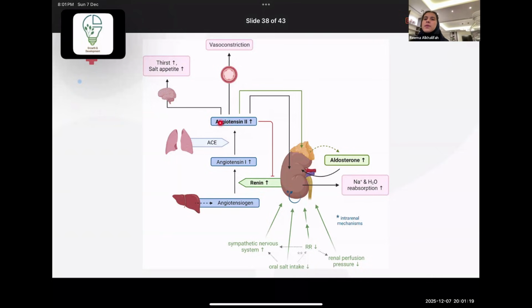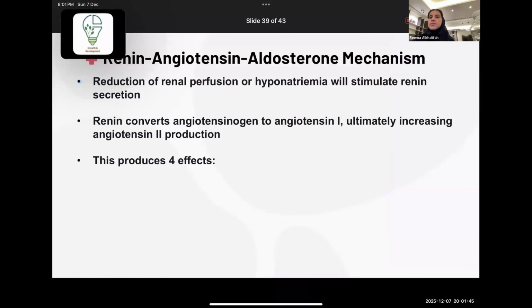It also helps in constricting the blood vessels. It also increases the aldosterone secretion in the adrenal glands. And it also helps the reabsorption of sodium and water back into the peritubular capillaries, for instance. Now, all of this is written over here.